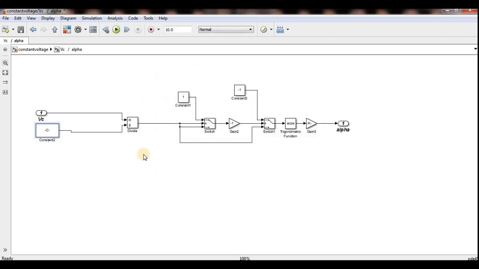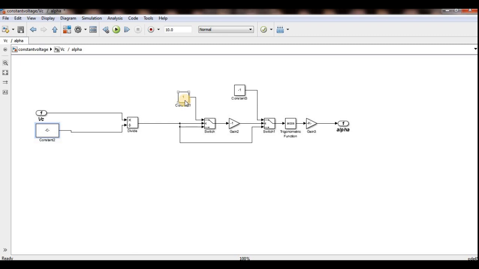negative sometimes, because at 180 degrees I can get the negative voltage. And because it is closed loop, sometimes it will be more than one, but if it is more than one I cannot get the alpha. I have to calculate alpha equal to cos inverse of some particular value, and that value should not be more than 1, then only I can get the alpha.